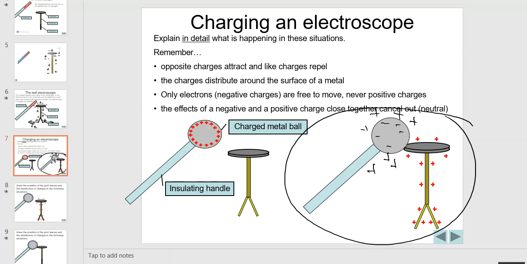Are there any negative charges on the electroscope? Probably not. It all depends on the number of charges. But essentially, if the rod is massively positive, then it's going to take all of the electrons out of the electroscope. So I will leave it like this. Okay? Everyone's okay with this?